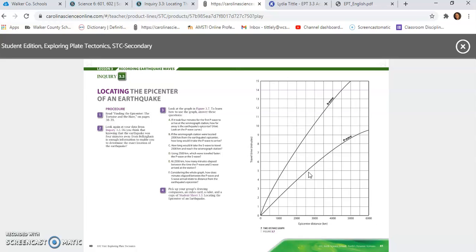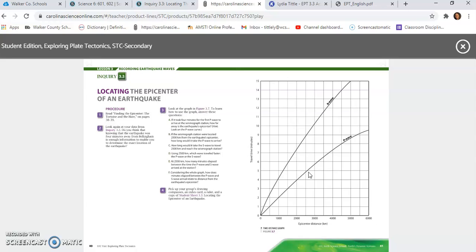Okay, and then question E. At 2,500 kilometers, how many minutes elapsed between the time the P wave and the S wave arrived at the station? Well, we just answered that. We said it was 4 minutes. So we could take S wave minus P wave equals the time, and so 9 minus 5 equals 4.